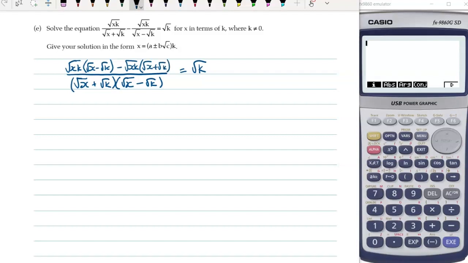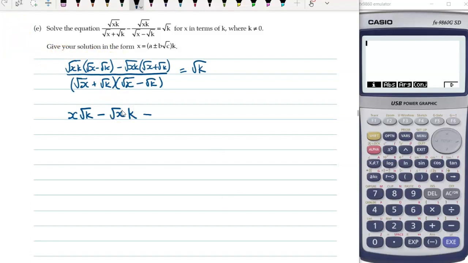So if we expand that top line, then root xk times x just here. Well, root x times root x will be x, so this will be x root k minus root x times k, outside of the root now because the square root of k times the square root of k becomes just k.